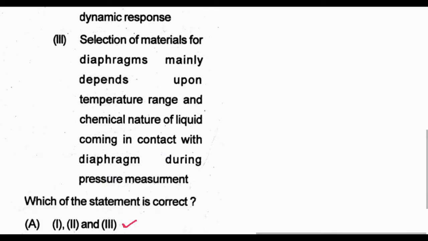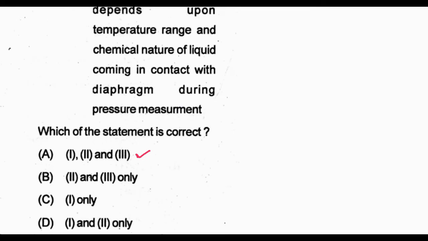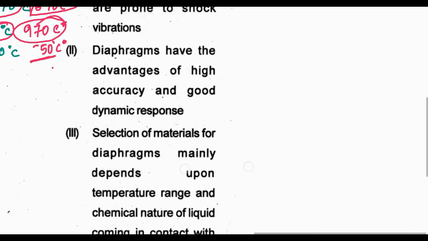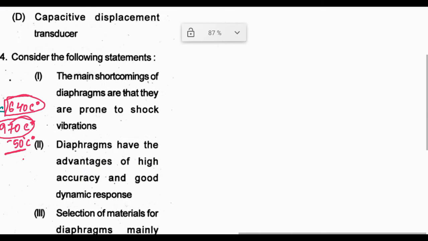Third statement: selection of materials for diaphragms mainly depends upon temperature range and chemical nature of the liquid coming in contact with the diaphragm during pressure measurement. So which of the statements are correct? Actually all 3 statements are correct. I want to discuss these statements because they are interesting for liquid pressure measurement.